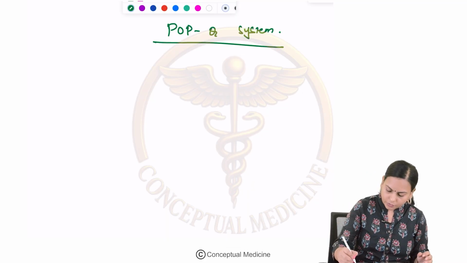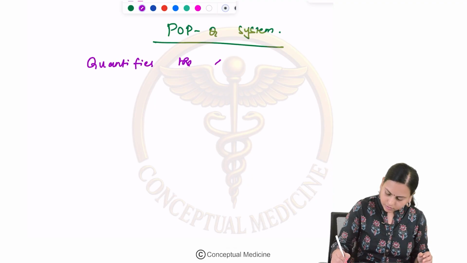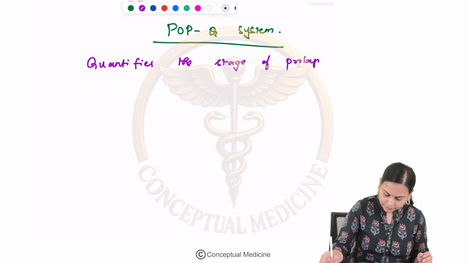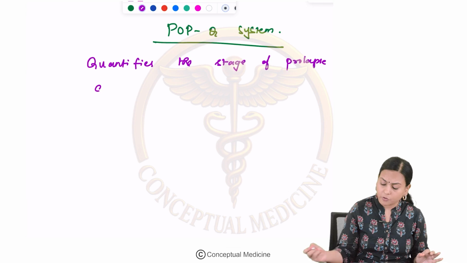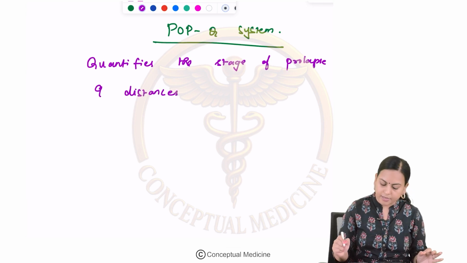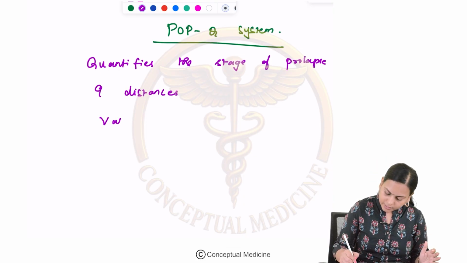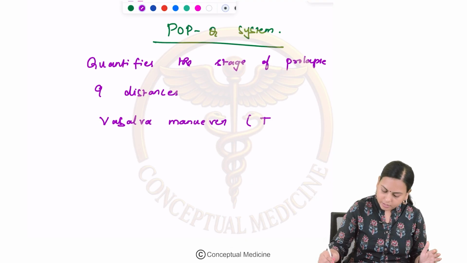Okay. So, it quantifies the stage of prolapse. Okay. We are going to measure 9 distances and all are measured with Valsalva maneuver except your TVL.